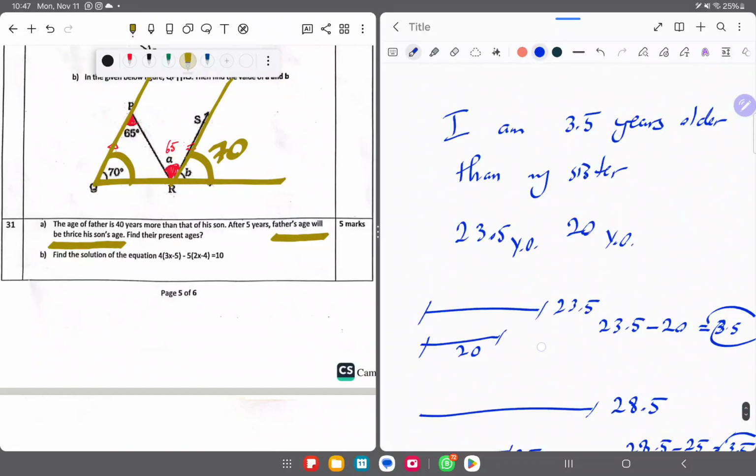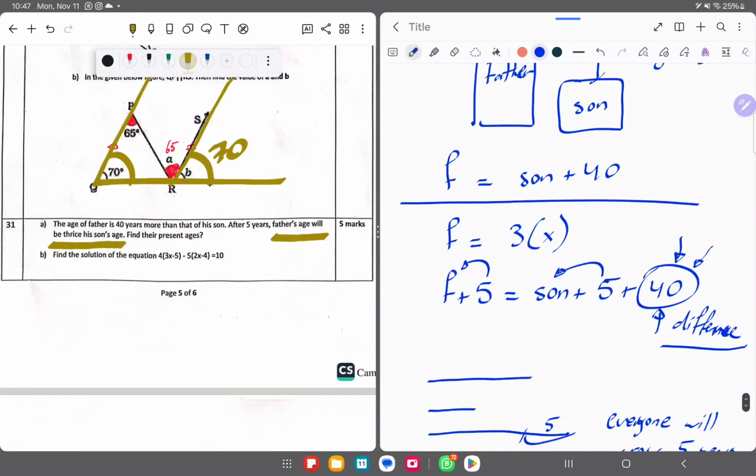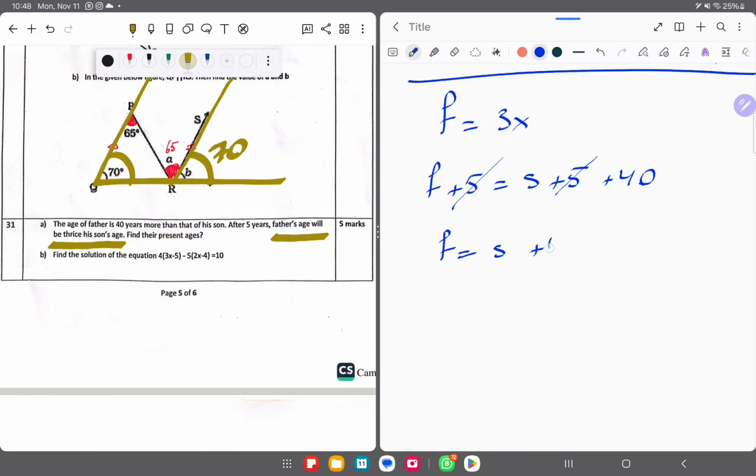Find the age. So let's just recap. We got these equations. F is equal to 3S. F plus 5 is equal to S plus 5 plus 40. So now we can remove these. We don't need them really. So we can use F is equal to 3 times the son, so 3S.